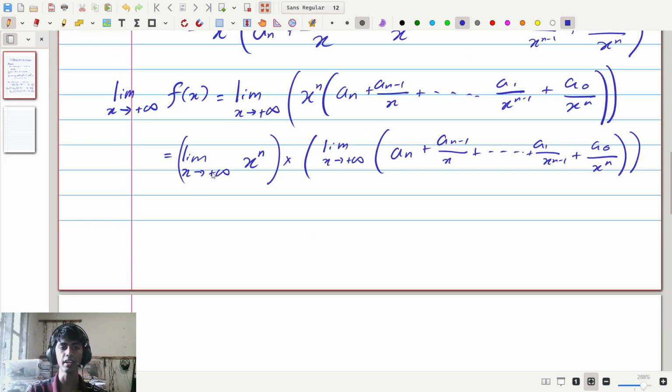On the left hand side, we have a positive infinity to the power of n, and since n is some positive integer, this is positive infinity to some positive integer power, which means it itself is going to be infinity. If you multiply a really large number by itself multiple times, you're going to still get a really large number. So if you multiply infinity by itself a large number of times, you're going to get that same infinity. So here what we have is infinity multiplied by something over here.